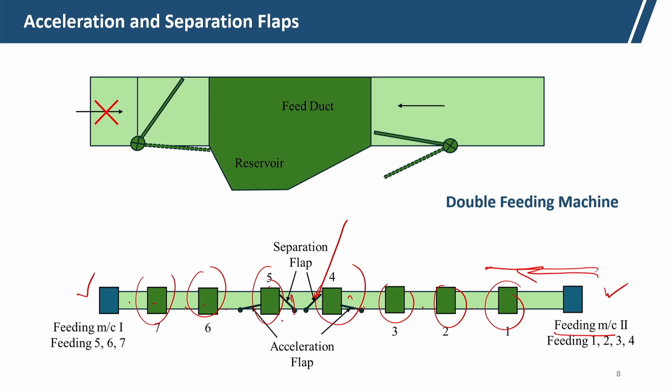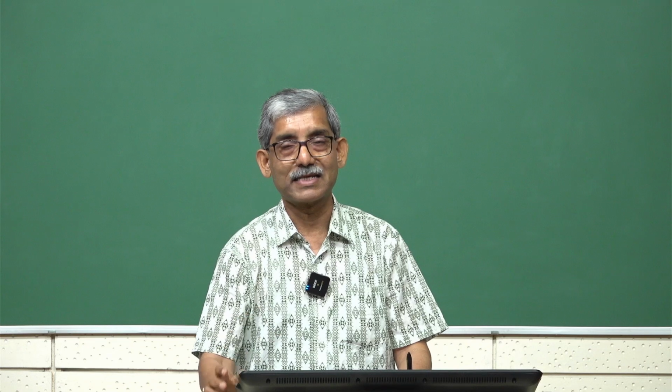Here this is the accelerating flap. Accelerating flap means that you are not closing it totally. Here you are blocking, and here it is accelerating, so you are just reducing the size. The same flap can be used as an accelerating flap and also as a separation flap, depending on the setting.